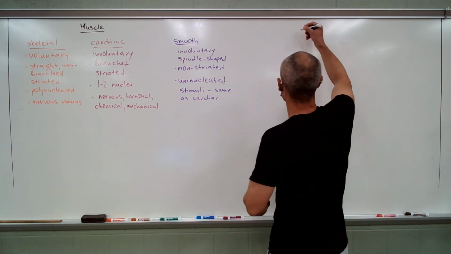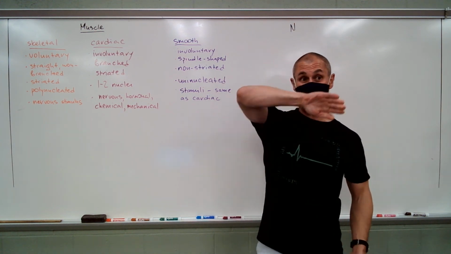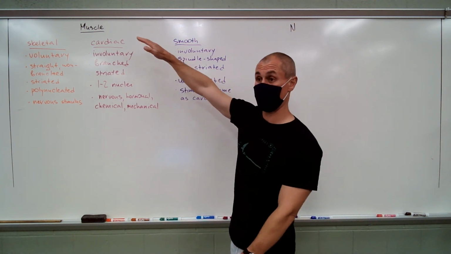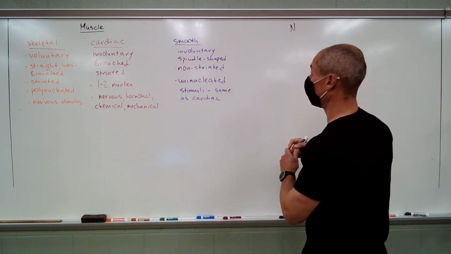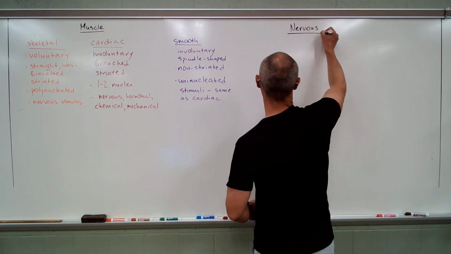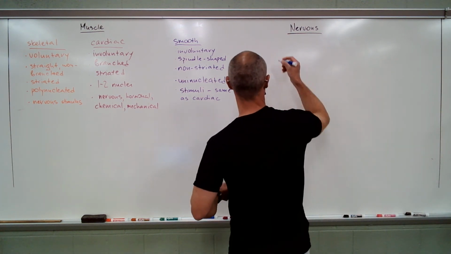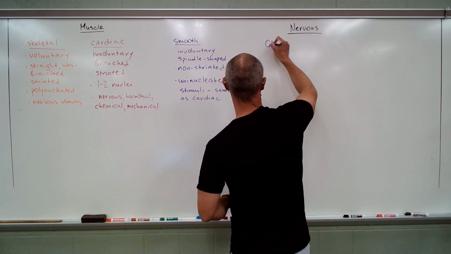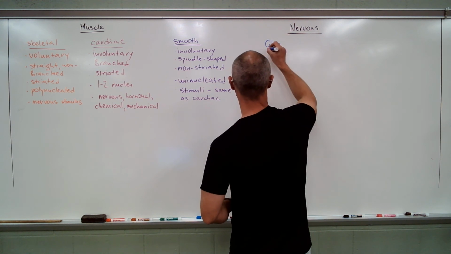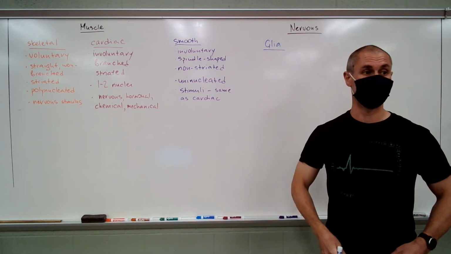We have one tissue left. I told you connective was a summit. We went over the summit, and now we descend into the valley. Nervous. Two cell types. You have glial cells, also called glia or neuroglia.